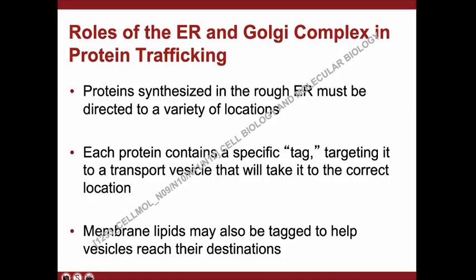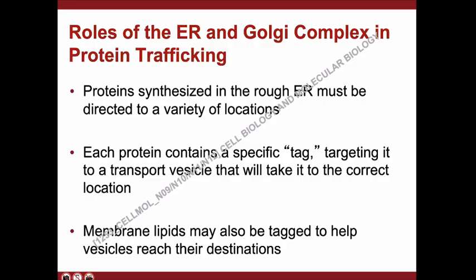And once it reaches its target organelle, where it is eventually to remain because that is its target location, there needs to be a mechanism that will prevent the protein from leaving. So once it reaches that area, it should only stay there. It cannot go back.